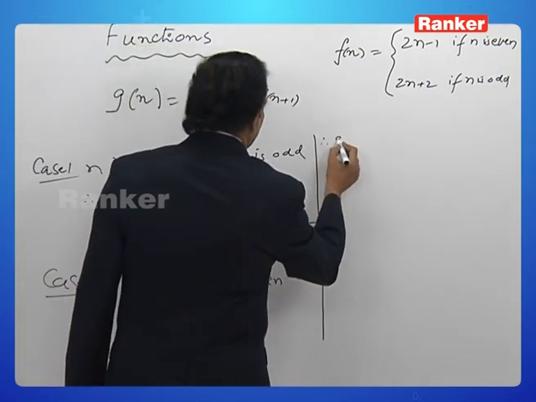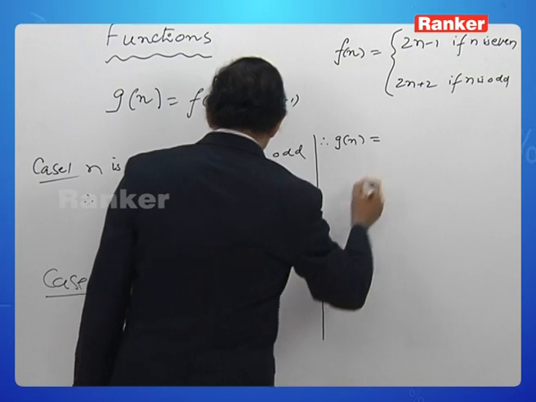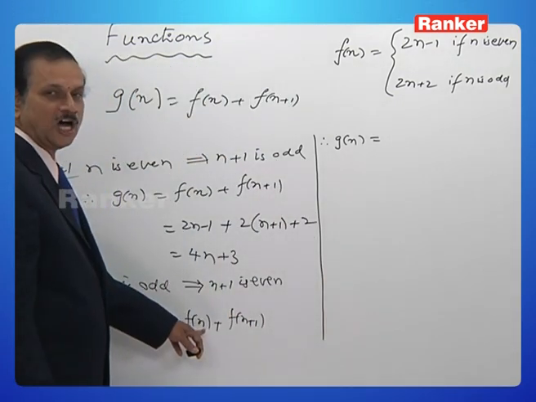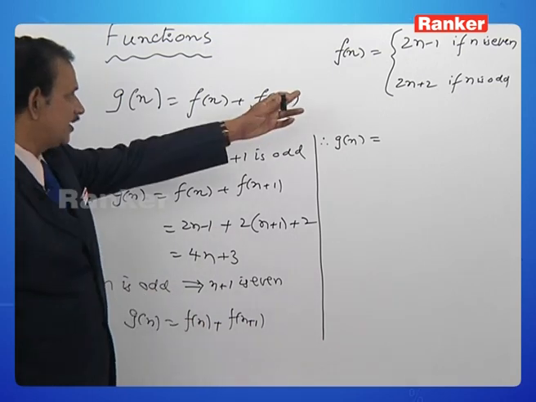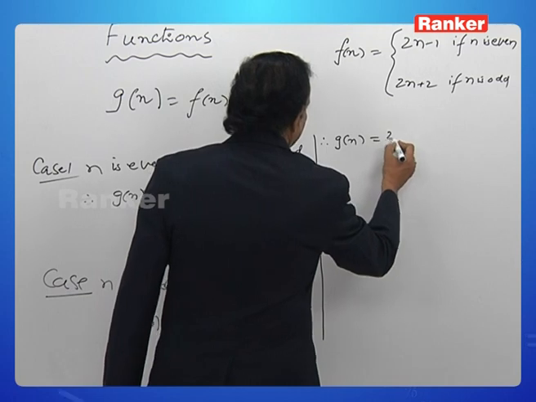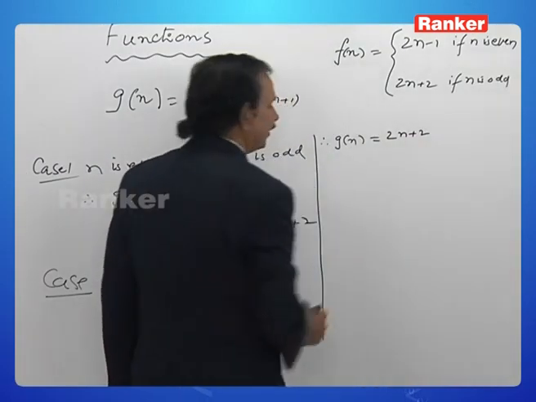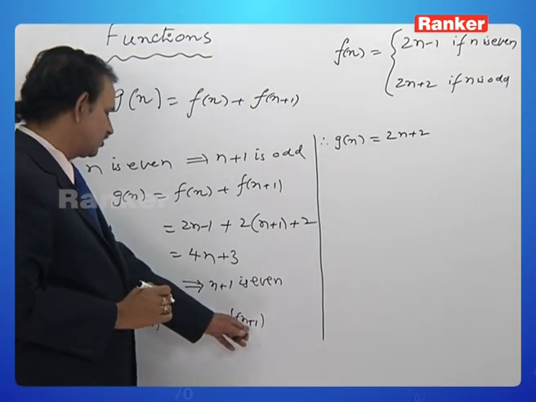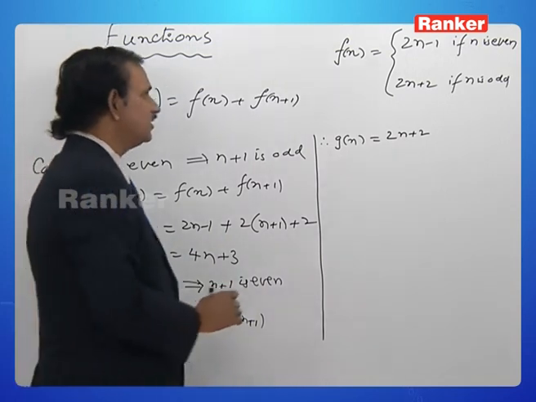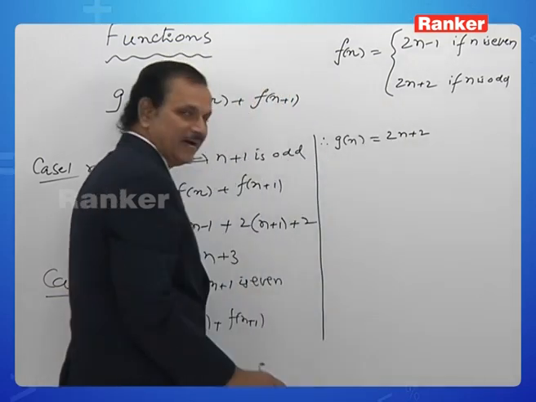Therefore, g of n is equal to, let us observe the different cases here. What is the nature of n? N is odd. When n is odd, what is f of n? 2n plus 2. So, in the place of f of n, we are supposed to write 2n plus 2. And then, what is n plus 1? N plus 1 is even. When n is even, the definition is 2n minus 1.